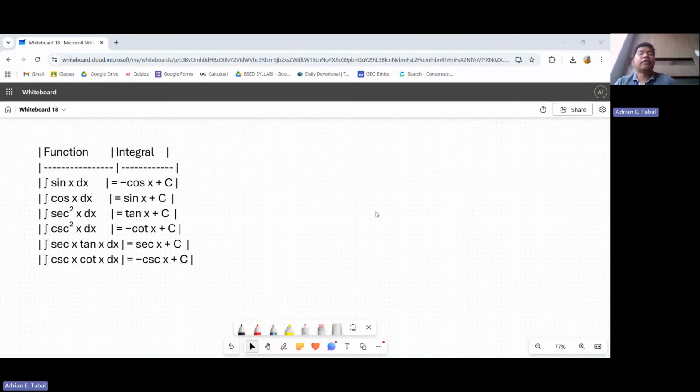Good day, everyone. In the previous lesson, we learned how to integrate polynomials, constants, exponentials, and logarithmic functions. Now we are going to move on to another group, which is the trigonometric functions.